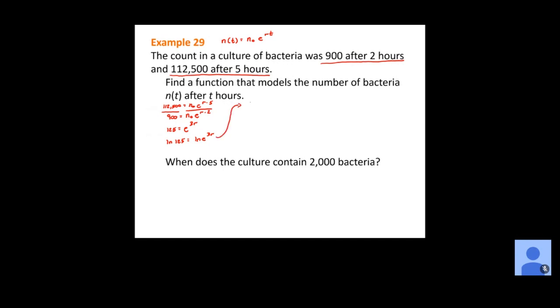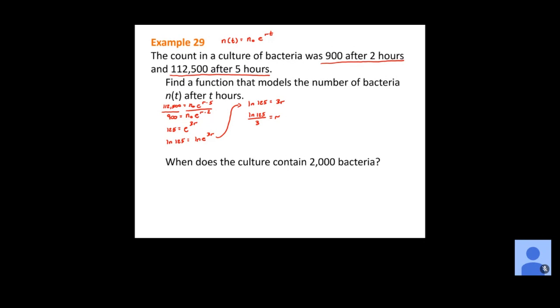Good, perfect, 3r. So we get natural log 125 equals 3r. And then we can do what? Divide by 3. So now we know our growth rate is natural log of 125 divided by 3. Now we have the r value.